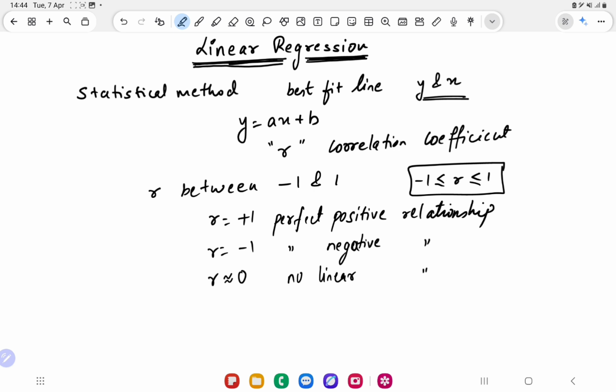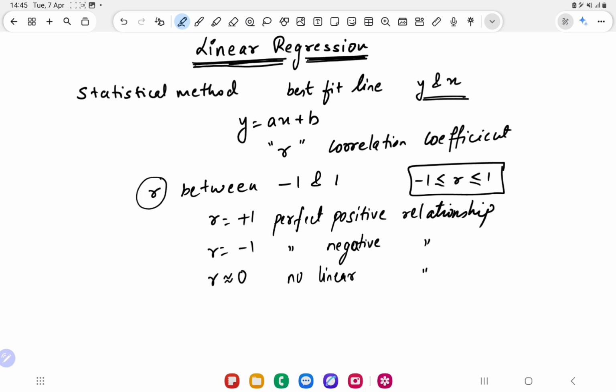As we move towards +1, we are getting towards a positive relationship. Similar for -1. When we perform regression on the GDC, the calculator will automatically calculate the regression equation, and it will also give you this R value.